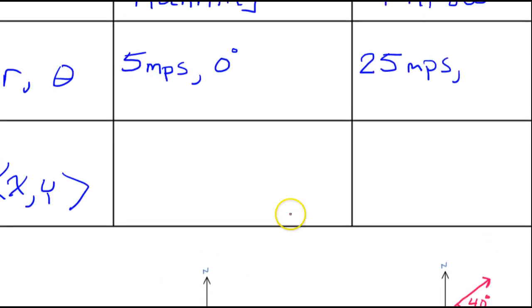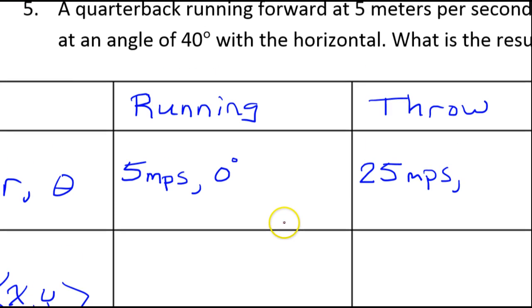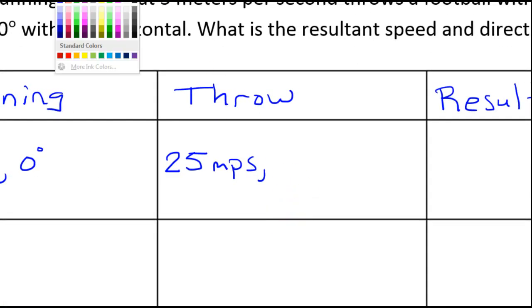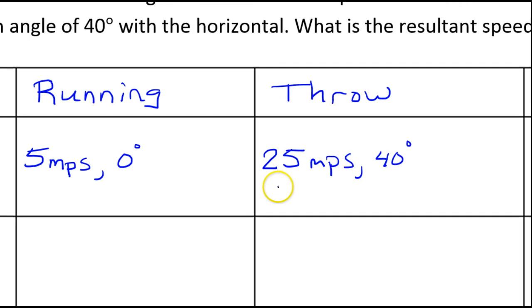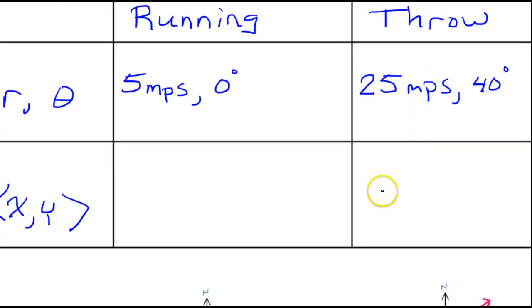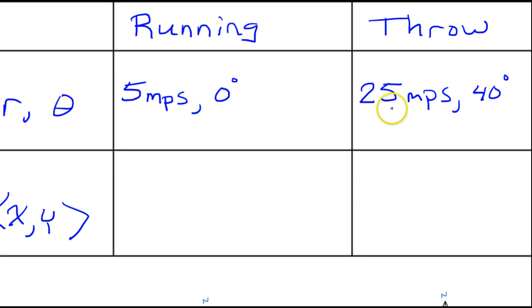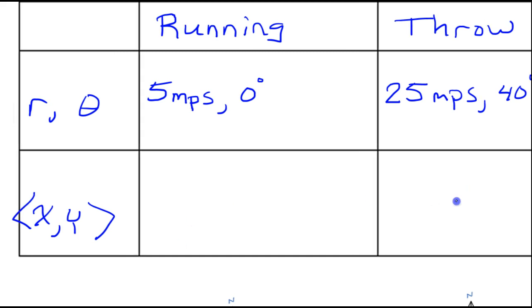Okay, so that is what we will put on the chart. Direction of 40 degrees. So we had 0 degrees and 40 degrees. Now, that's the magnitude and the direction for both vectors. We need to convert these into component form, x comma y, so that we can add them together.